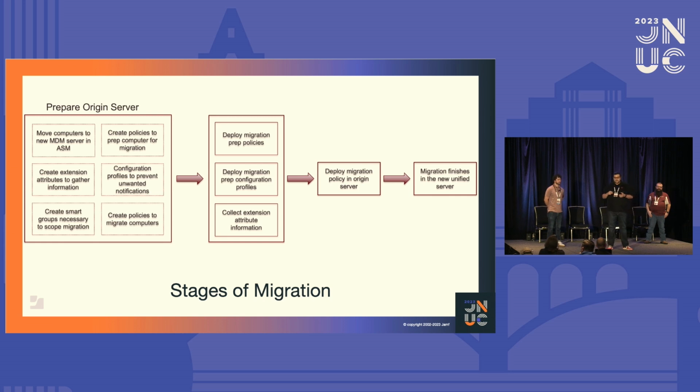And so we have to start preparing configuration profiles in order to prevent unwanted notifications. We want to start preparing the policies that will be used to prep the computers for migration, as well as the policies that will be used to actually migrate the computer. We need to make smart groups to figure out what has to be deployed where.